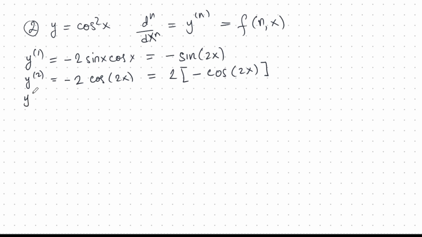Now y3, the third derivative. It's going to be another power of 2 that comes out, and the derivative of cos is minus sine. So the 2 minuses cancel out, and I have sine 2x. Very good. And finally, one more.